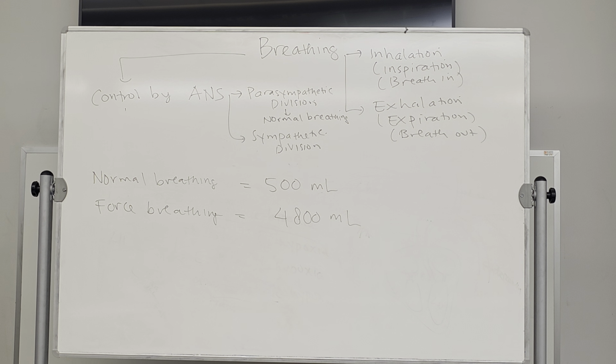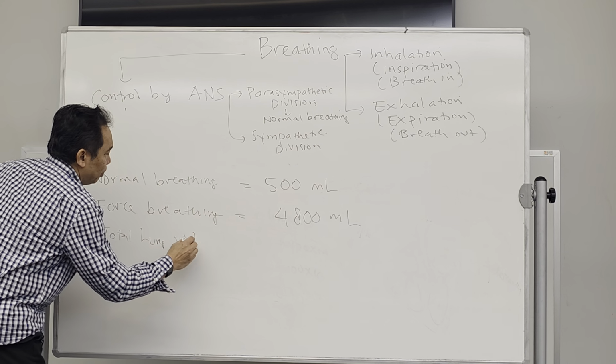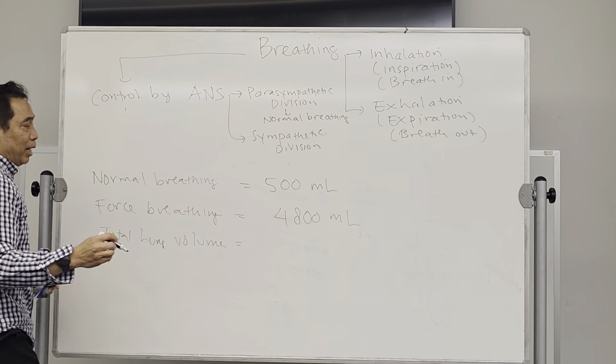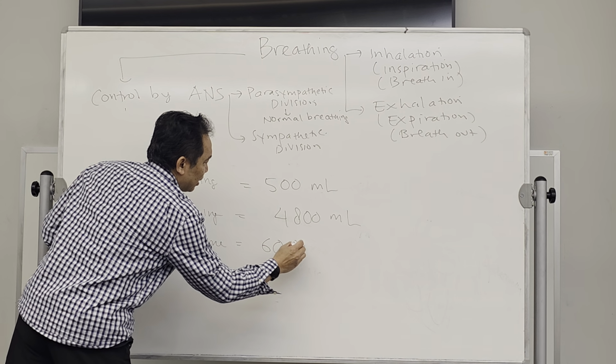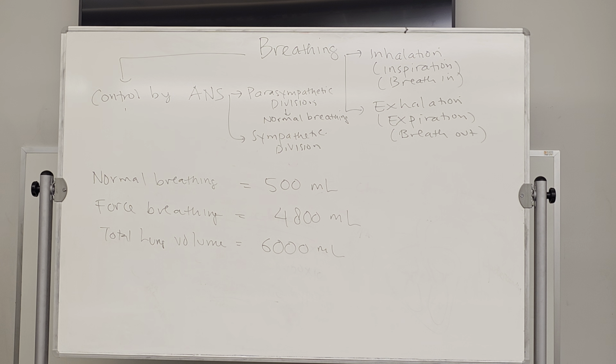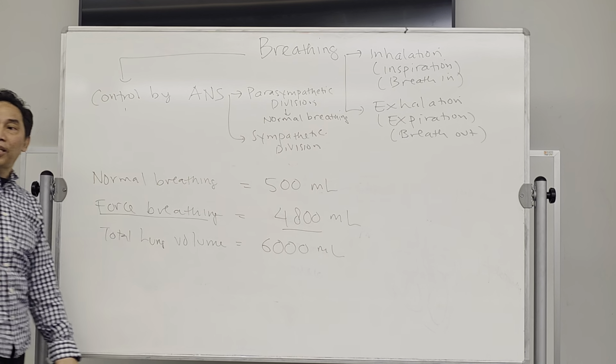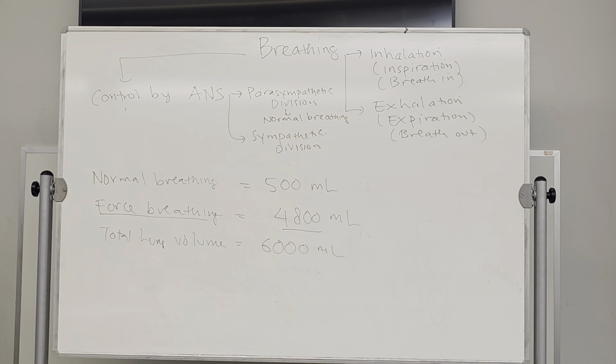Now, our total lung volume, especially for male, is about 6,000 milliliters or 6 liters. So that's the total capacity of the lungs. It can hold about 6,000 milliliters of air. Now, when we do forced breathing, only 4,800 is actually able to be pushed out from the lung.